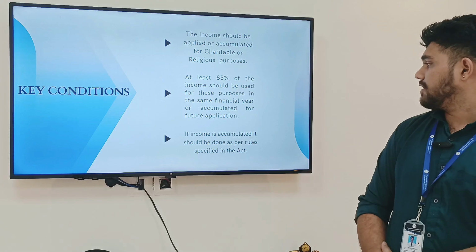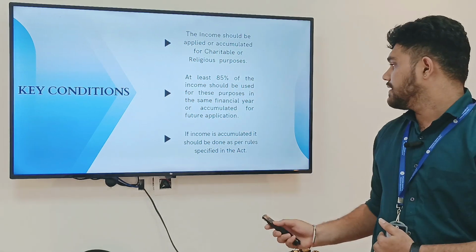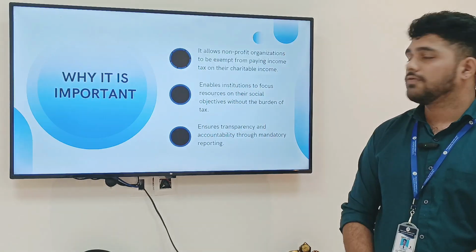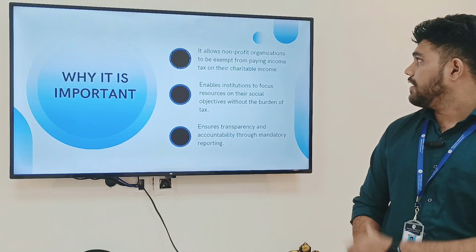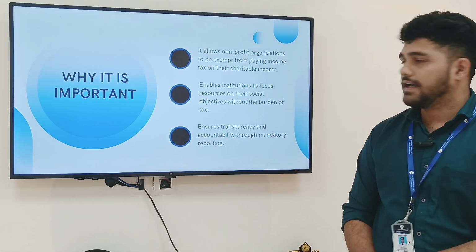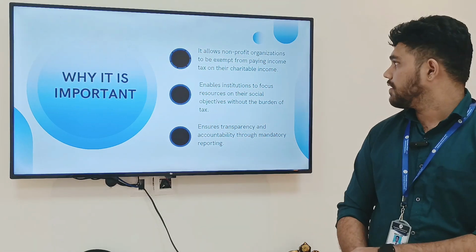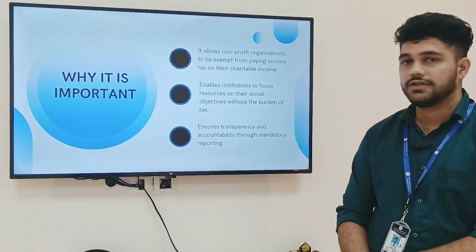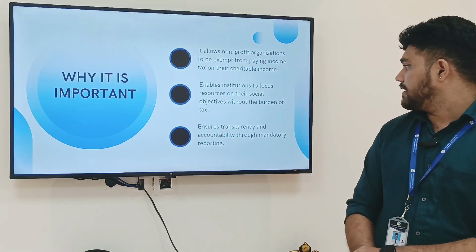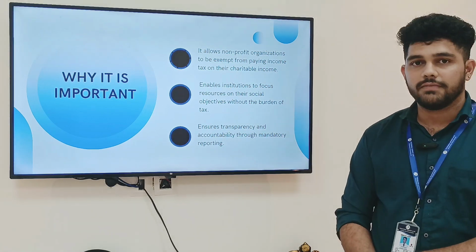So if income is accumulated, it should be done as specified in the Act. Why is it important? It allows non-profit organizations to be exempt from paying taxes, enables institutions to focus their resources on their social objectives, and ensures transparency and accountability.